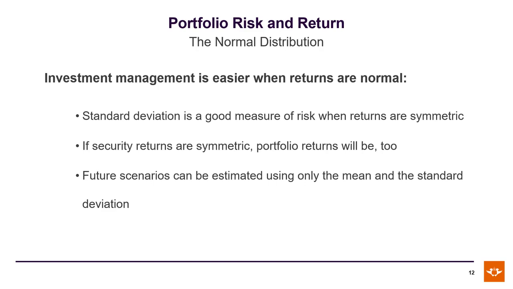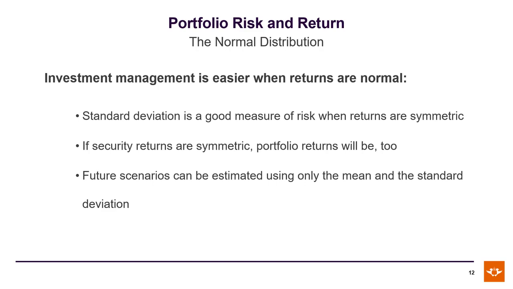It's bell-shaped. We know its parameters. We understand what it's doing. Also, standard deviation is a good measure of risk when returns are symmetric. If returns are symmetric, then portfolio returns will also be as well. So we will have a better understanding. And if the underlying distribution is normal, then future scenarios can be estimated using only the mean and standard deviation.